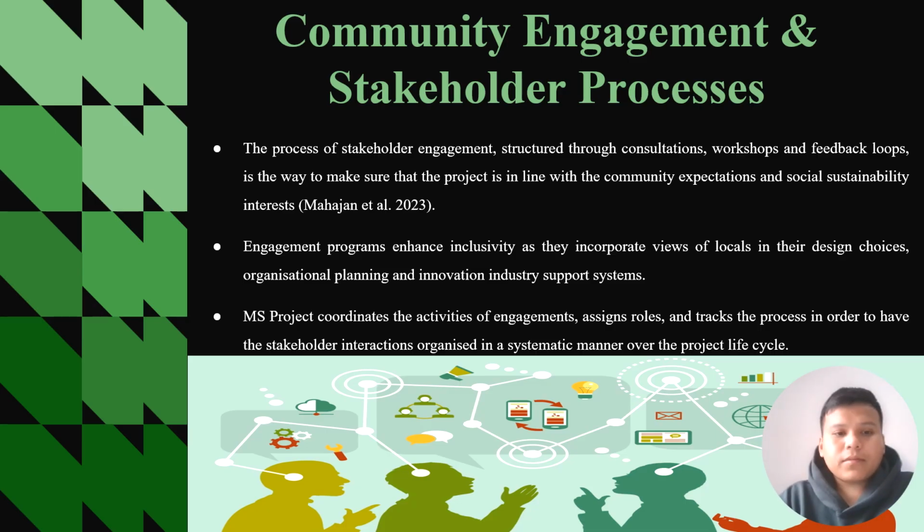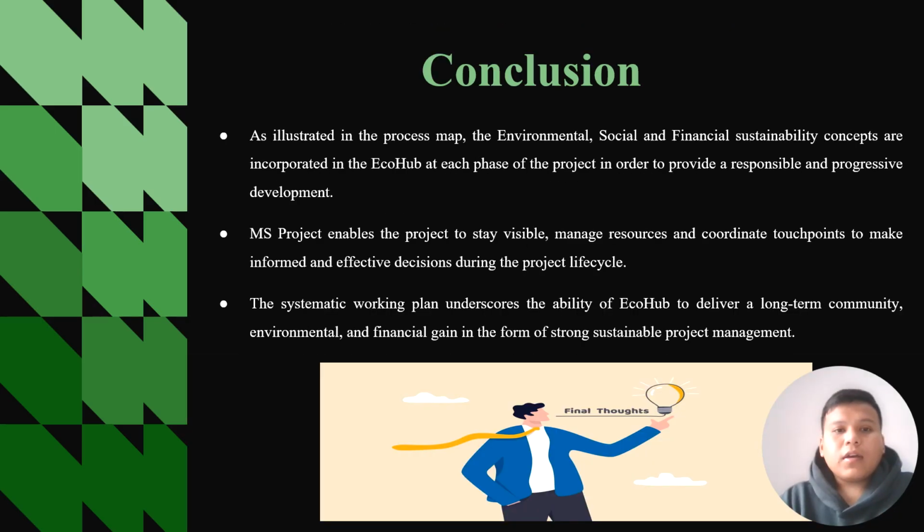Now in the conclusion part, you can see EcoHub embraces the whole ESF model: environmental, social, and financial. In each phase of the project, it's a successful project which contributes to the community for long-term value as well.